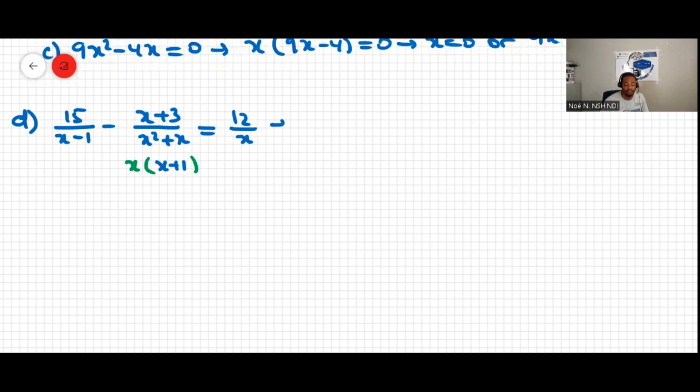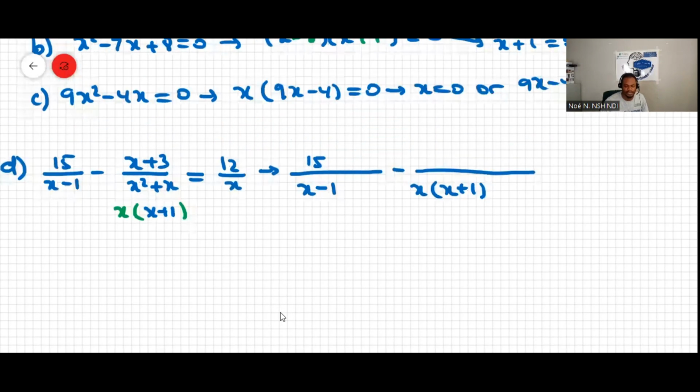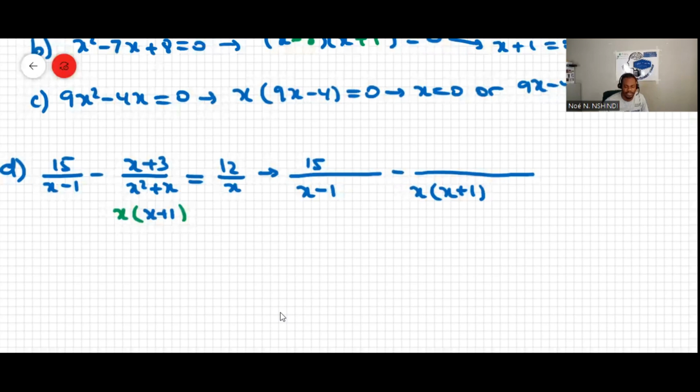Then this can be rewritten as 15 under x minus 1, minus x plus 3 under x times x plus 1.